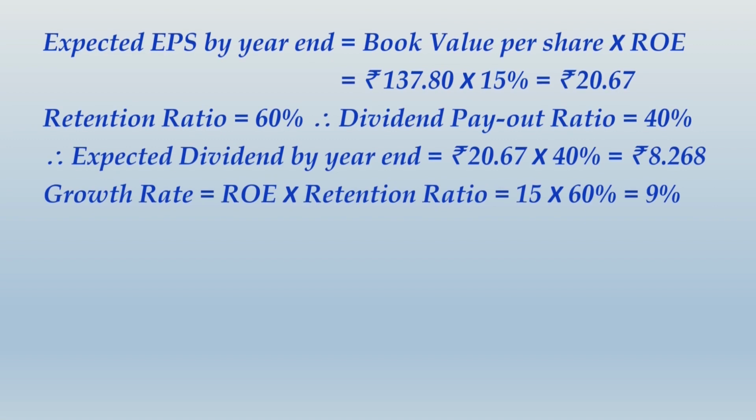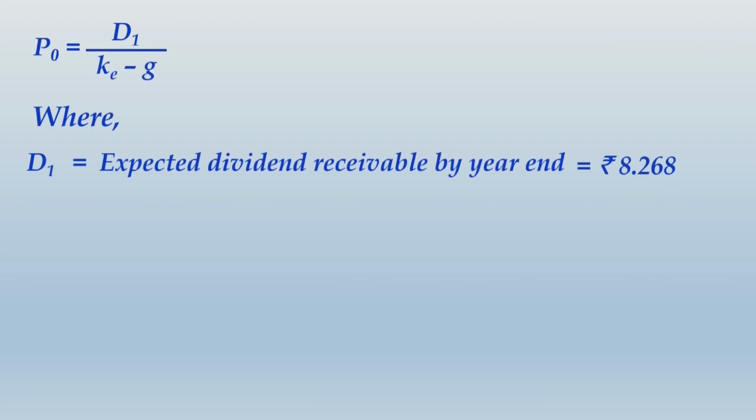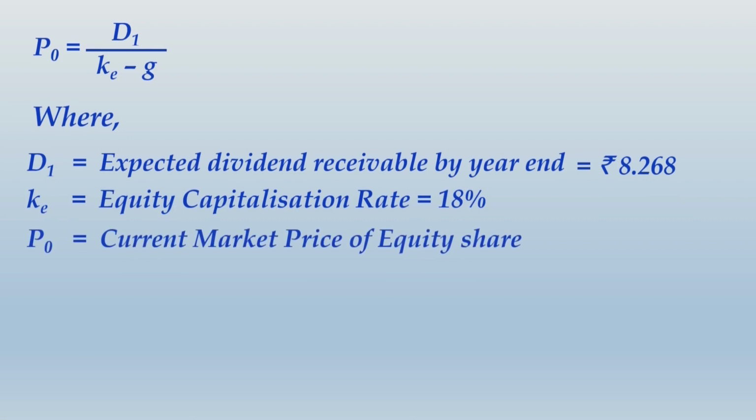Alright friends, let us move ahead and now use this information to determine the value of P0. P0 is D1 upon KE minus G. Define all the variables. D1 stands for expected dividend receivable by year end. We have obtained that value as 8.268. KE is the equity capitalization rate, 18%.